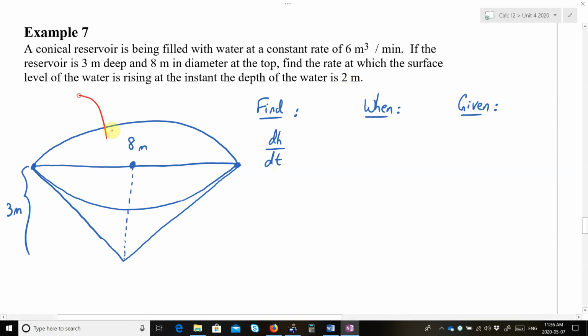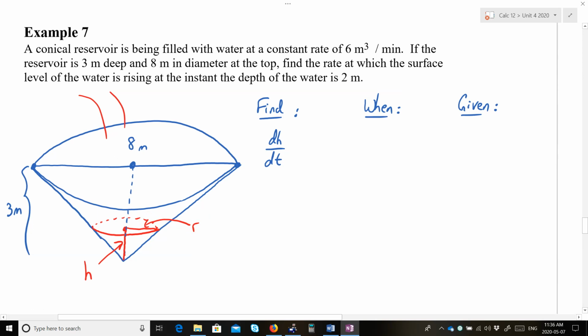Okay, so again, we've got water pouring in here, and it will start to pool like this. That's the height of the water. And this is the radius.